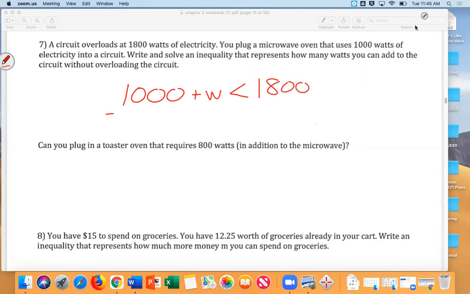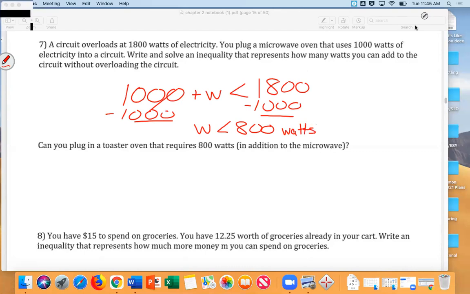Now, let's go ahead and subtract this off to find out how many watts I have left I can use. Now, can I plug in a toaster oven that requires 800 watts? What do you think, Ellie?